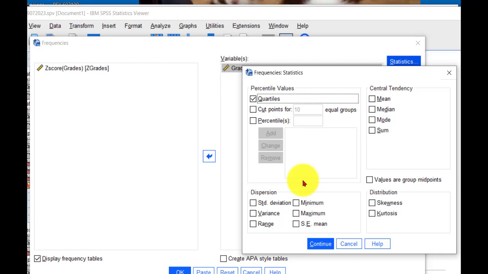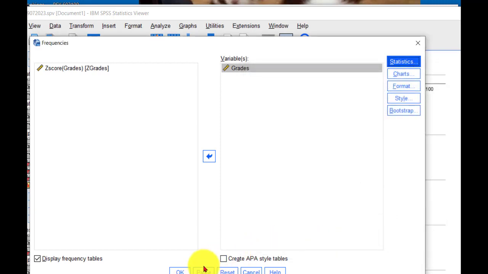Remember, a quartile is that piece of data in a data set that splits it into either 25% below, 75% above, or 50% above, 50% below, also called the median. That's the second quartile. The third quartile has 25% above it, 75% below it, and the fourth quartile is simply the maximum. So we really only care about quartile 1 and quartile 2, and we already know what the median is.